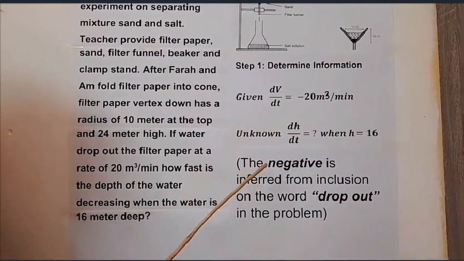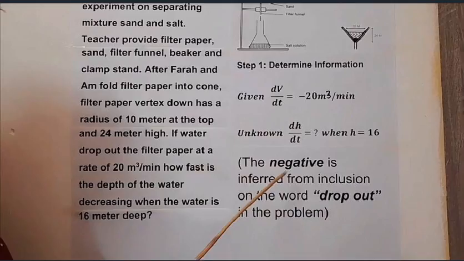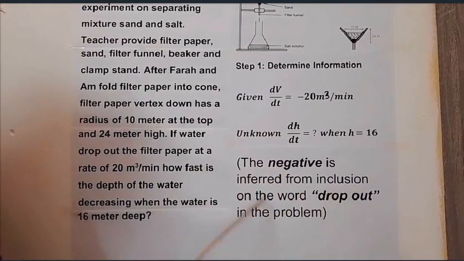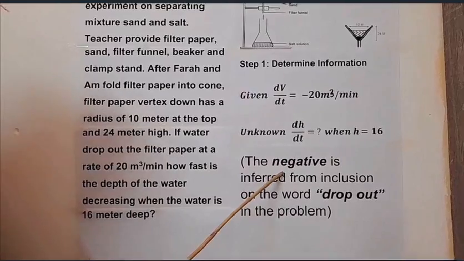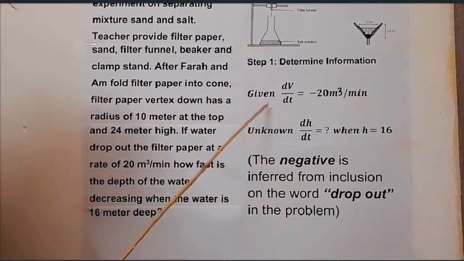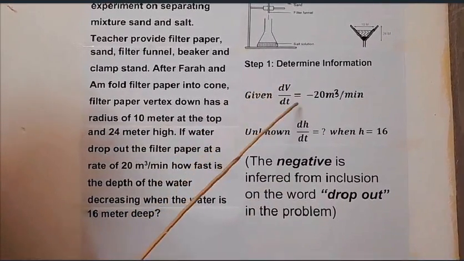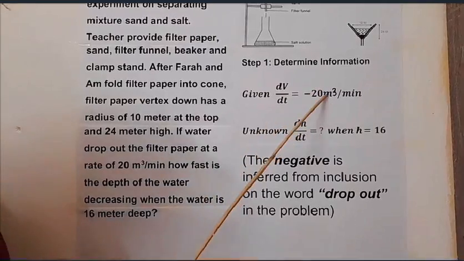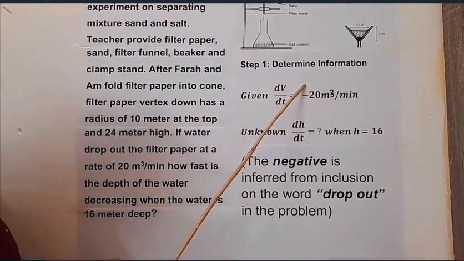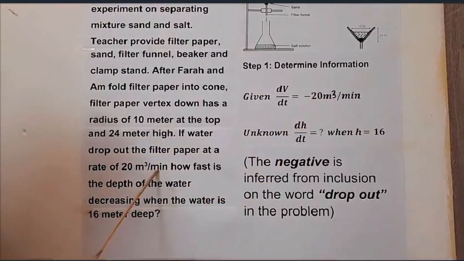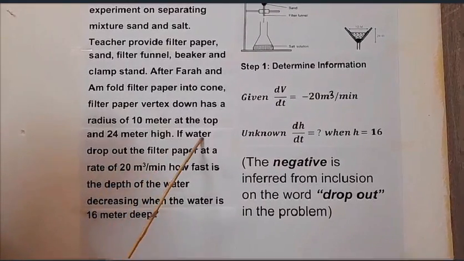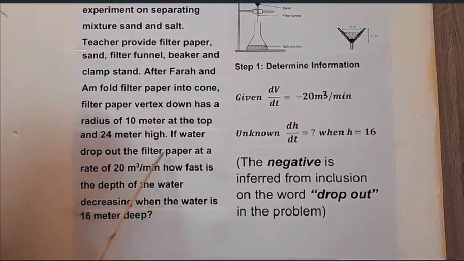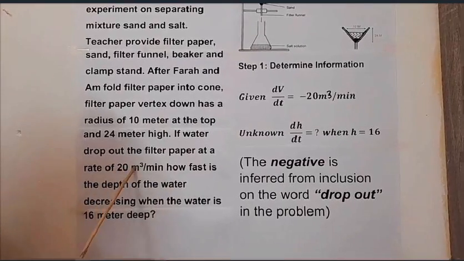As you can see, the negative is inferred from the words drop out in the problem. If you see the information given, dV over dt equals negative 20, but in the question we don't have the negative. Why? Because of the phrase drop out: water drops out of the filter paper at a rate of 20 cubic meter per minute.